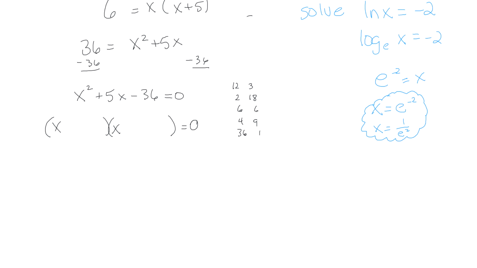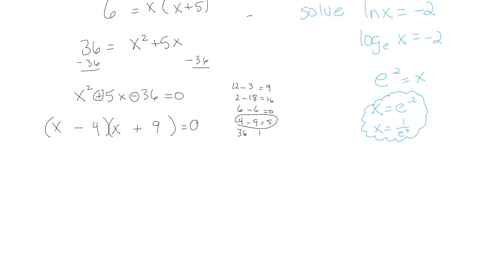Which of them have a difference of 5? Here are our winners, 4 and 9. They multiply to be negative, but I need the larger factor to be positive. So in front of the 9, I'll put the plus.